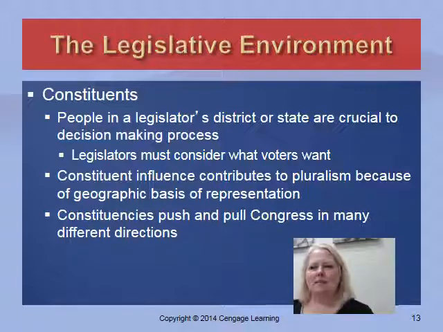Let's say, for example, the state of Arkansas, maybe there's a federal law pending that would raise the minimum wage. And let's say there are people like us who are working, and we could really use an increase in minimum wage. So we write to our congressman and we say, please raise it.